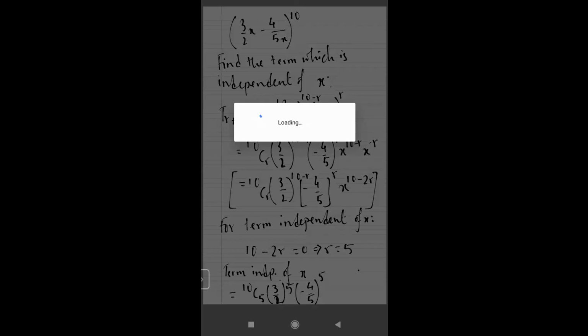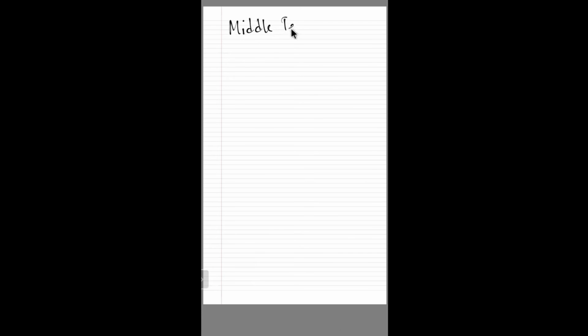So let us now come to the next thing, that is the middle term of the expansion. We are considering the expression a plus b whole to the power n, and from this we are finding the middle term of the expansion. So how can we come to the middle term?